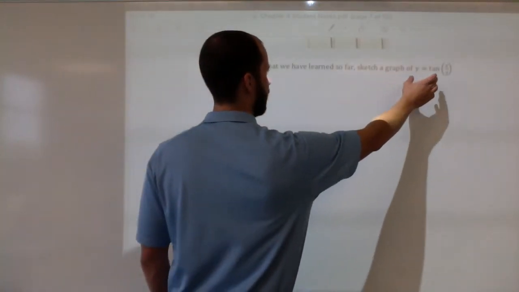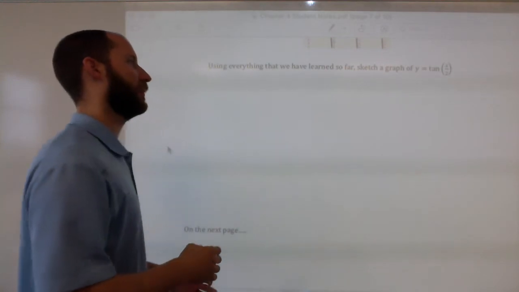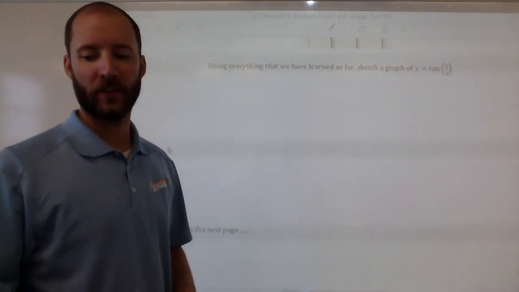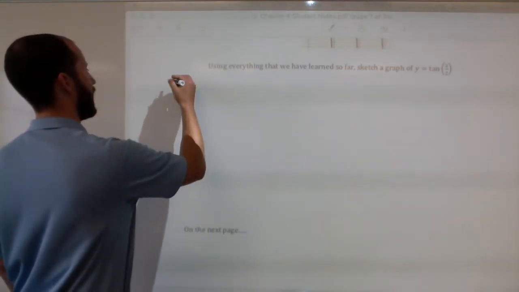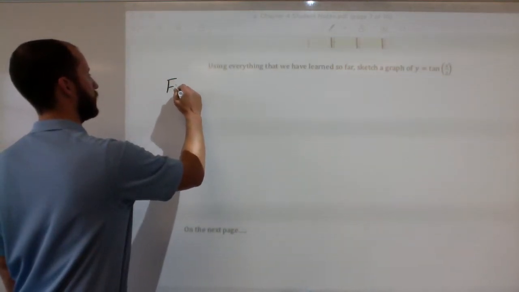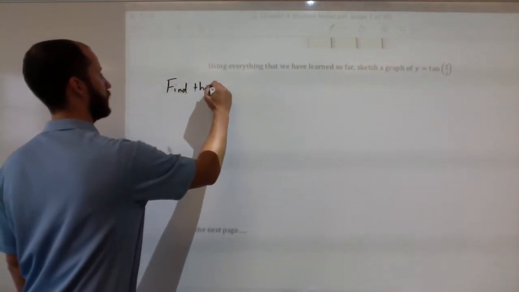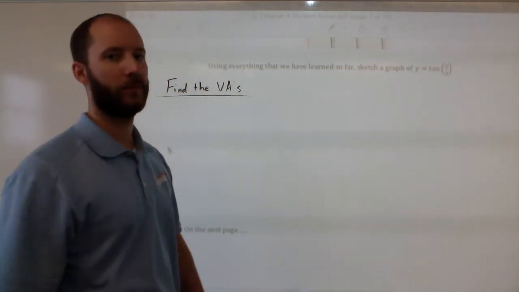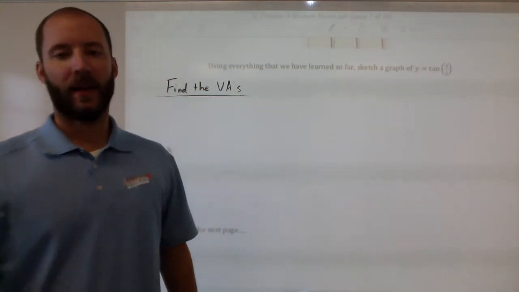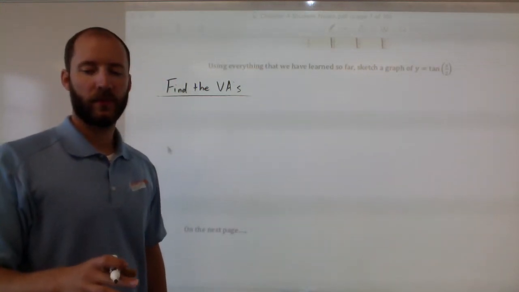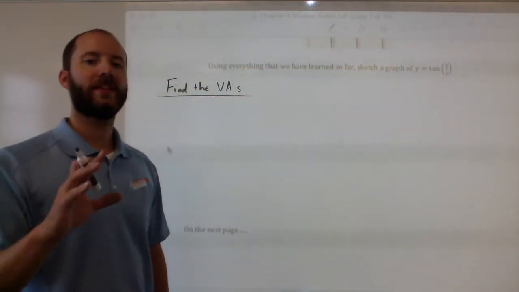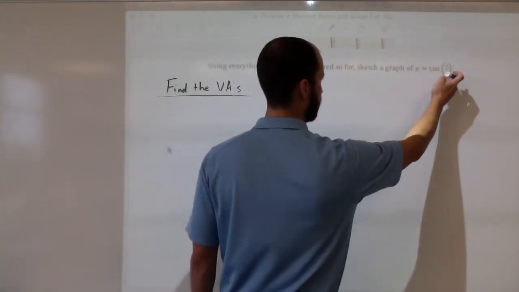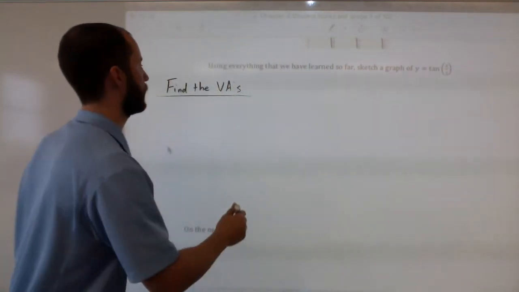So sketch a graph of y equals tangent of x over 2. So here's the thing. We really want to find the vertical asymptotes. All right. So x over 2, there's a transformation happening there because we have something happening to our x value.